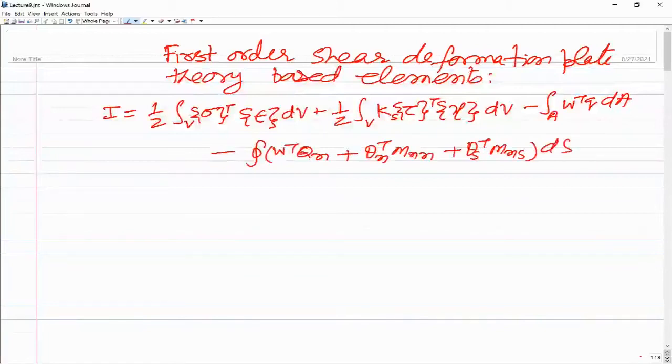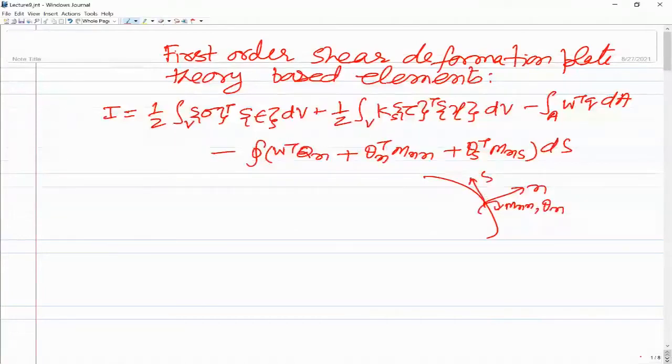I had defined all these quantities through a figure. If you talk of any boundary, the boundary normal is n and the tangent is s. About this we have mnn, and in the same direction we have theta n.